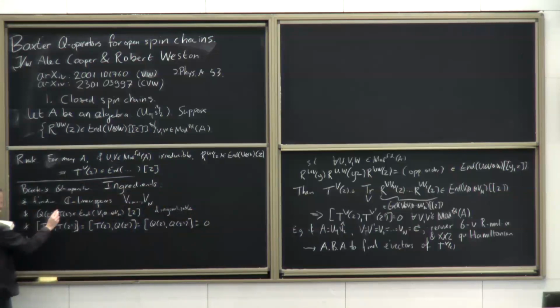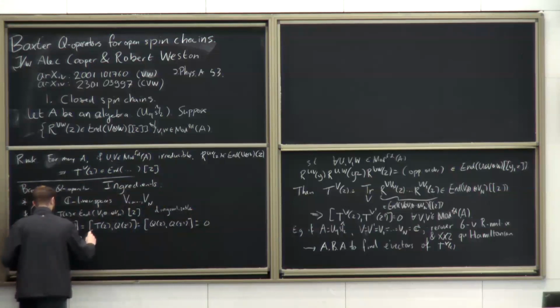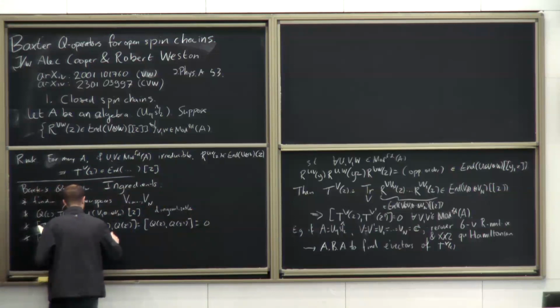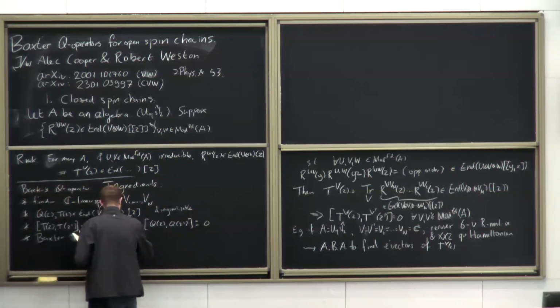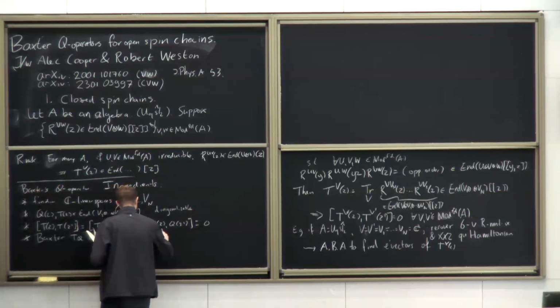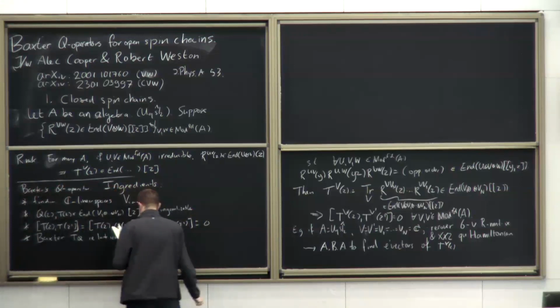Finally, we require a particular functional equation, which is quite a simple one. I can look at the product of T and Q, and this should be expressible as a linear combination of shifted Qs.